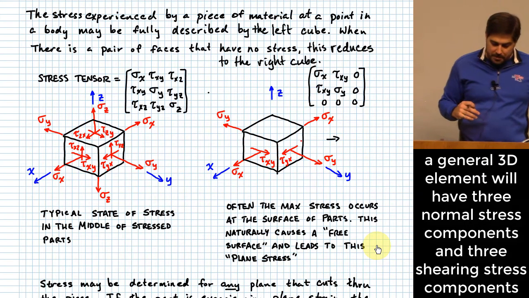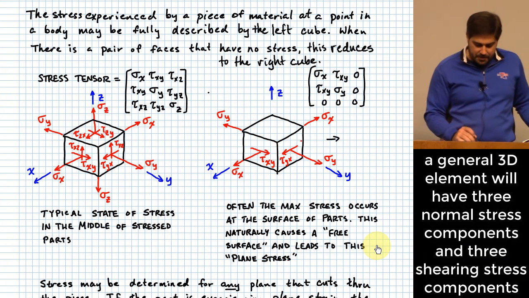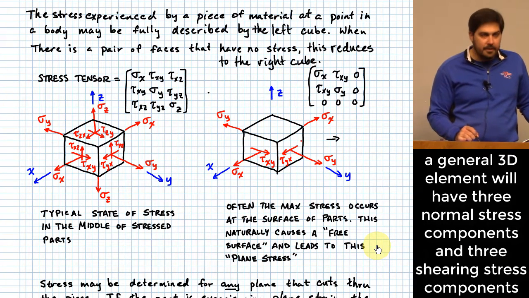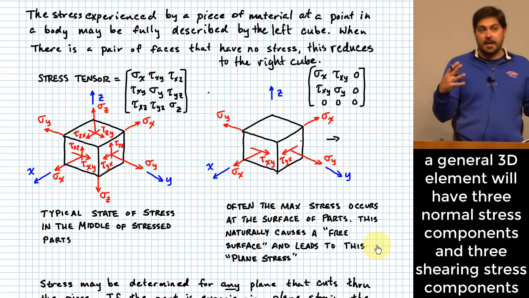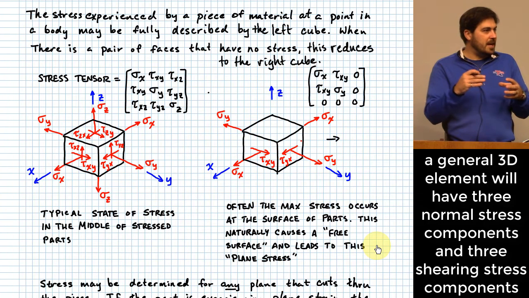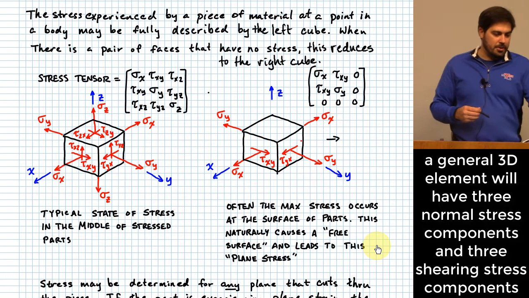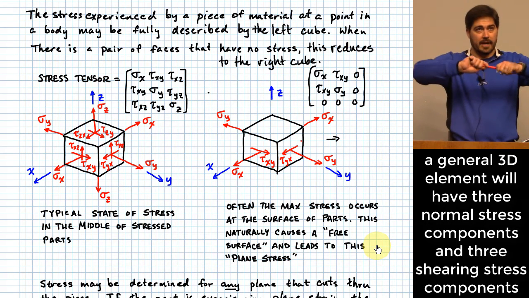To start this whole discussion, I actually show two different figures here. The left figure is a full state of stress that a little three-dimensional element of material might experience if it was anywhere inside of a body. So in other words, imagine that you might have a shaft that was twisting, right?